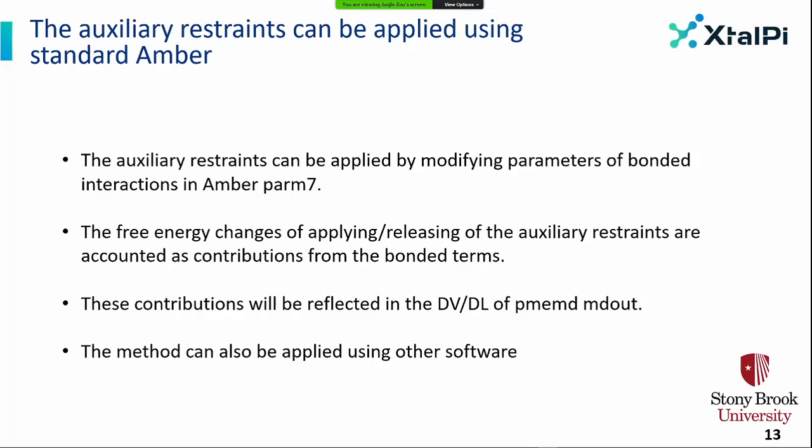Then we throw this file into PMEMD and turn on the TI, and the free energy of applying and releasing this auxiliary restraint will be accounted as a contribution from bonded terms and will be reflected in the dV/dlambda values of the PMEMD output file. I guess this is similar for other software as well.